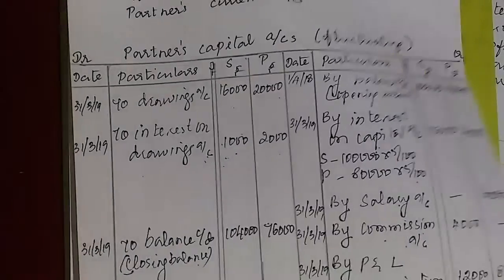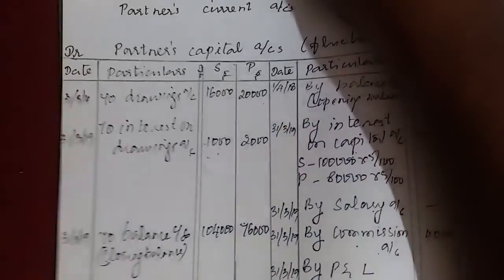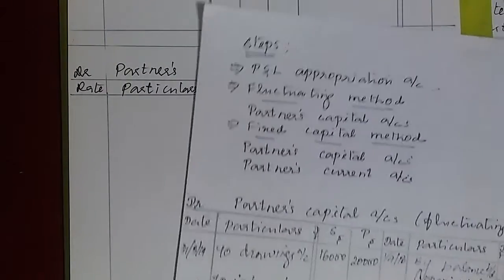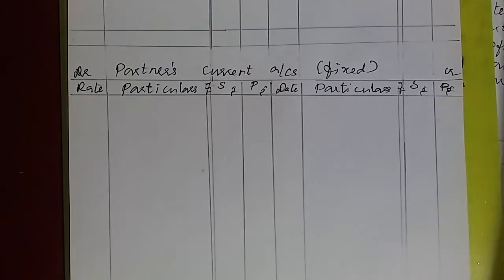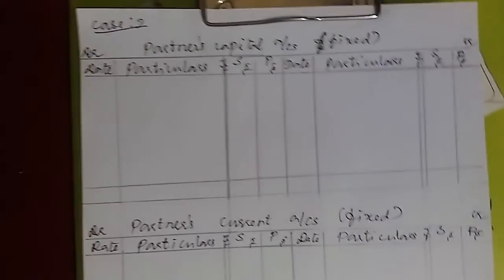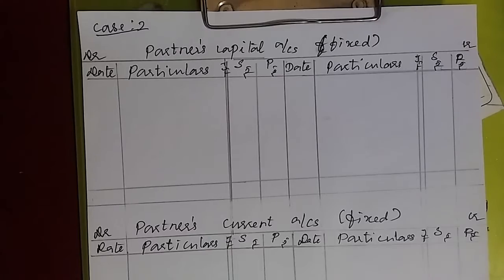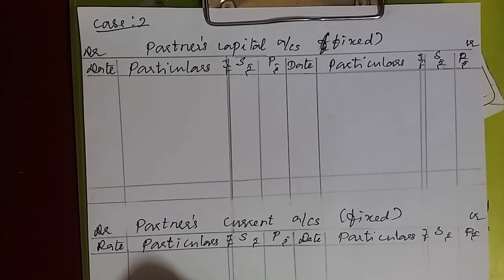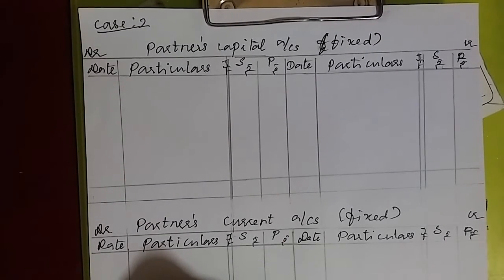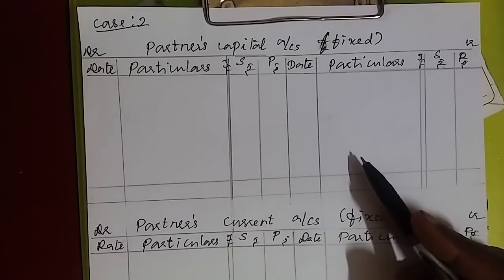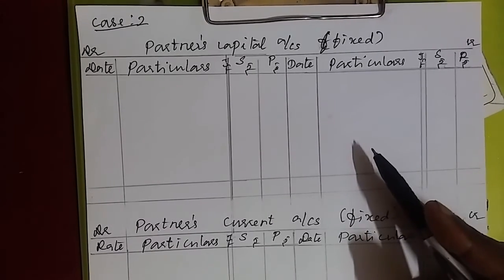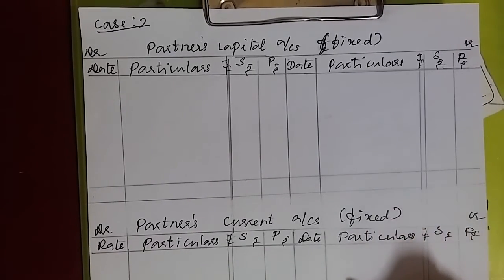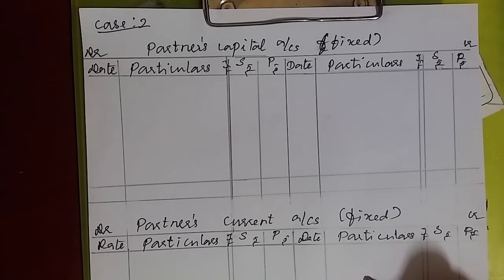If there is a question to prepare partners capital account under fixed capital method, how can we prepare? See, here this is case 2. If they ask you to maintain under fixed capital method, we have to prepare two ledgers: one is partners capital account and another is partners current account.